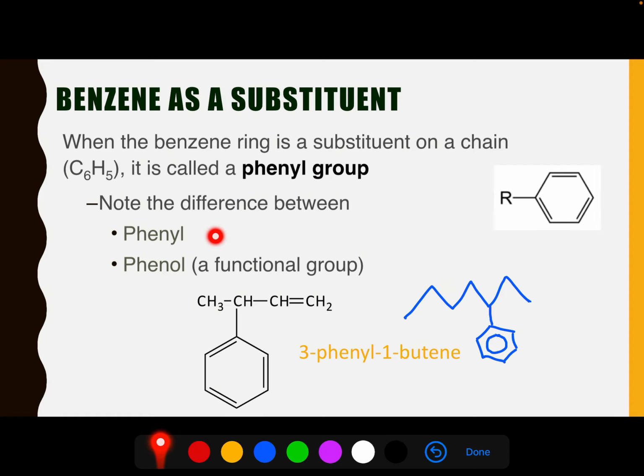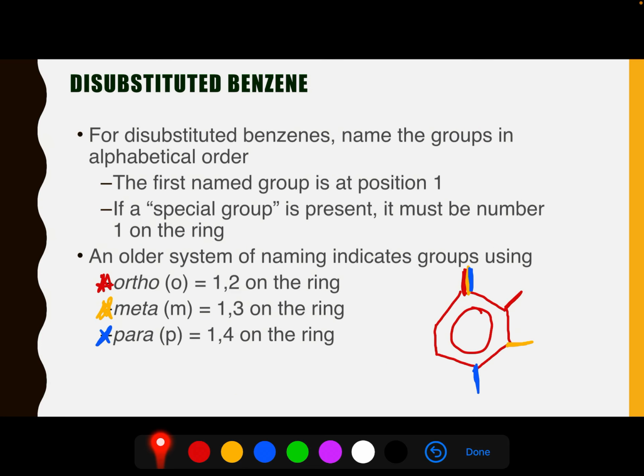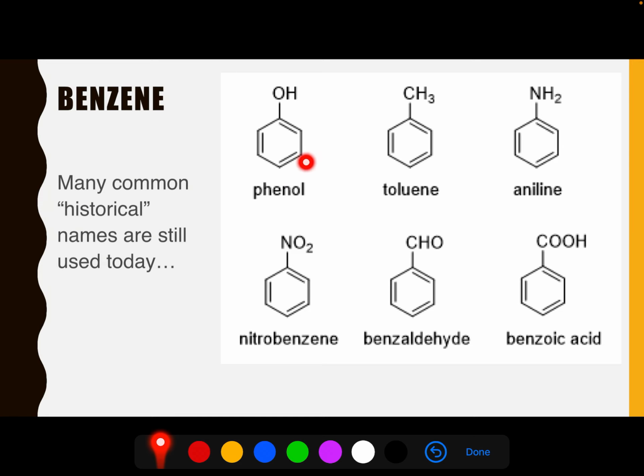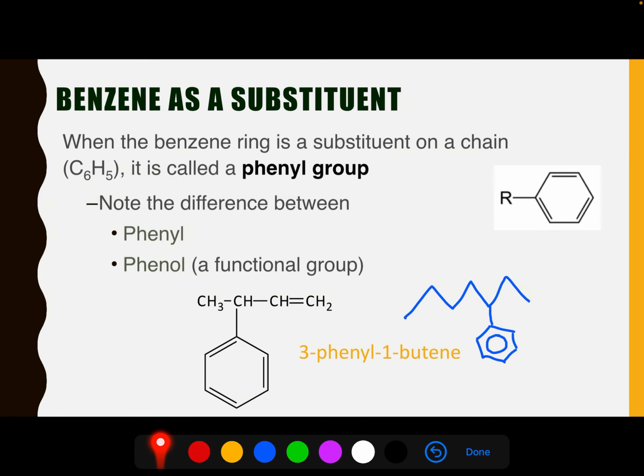So a phenyl group is what we call benzene when it's hanging off, and then a phenol group is a functional group that I mentioned before. I think I had a picture of phenol right there. So not the same thing. So here we go. We've got 3-phenyl-1-butene.